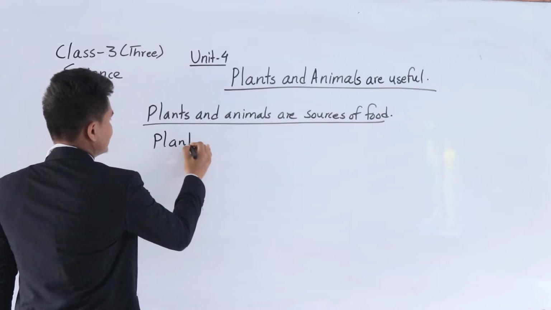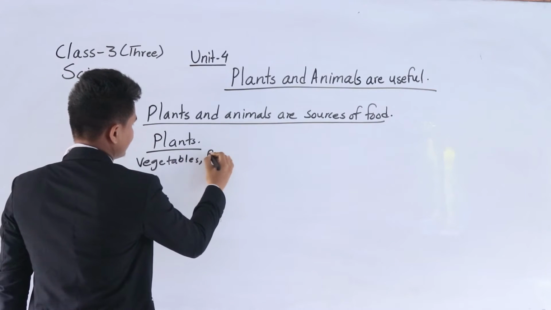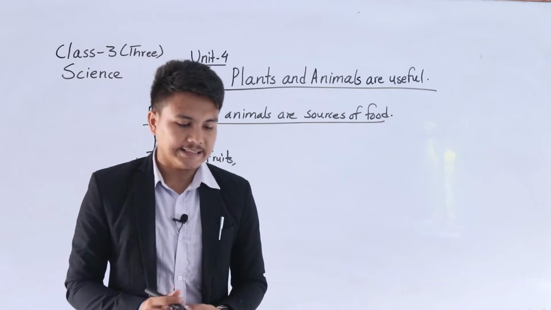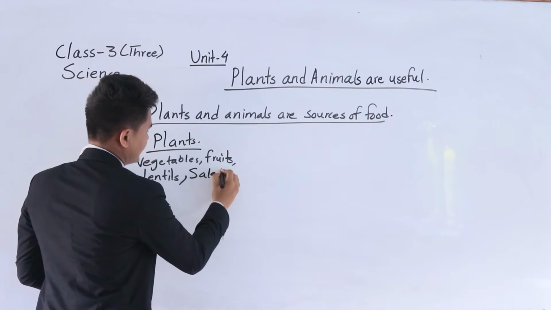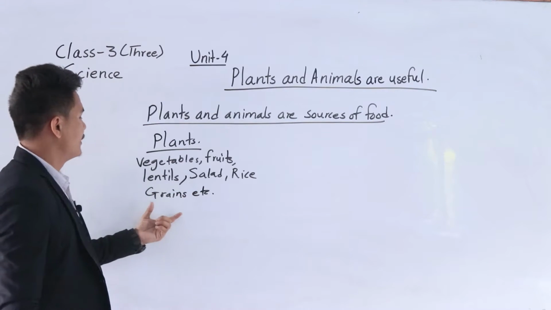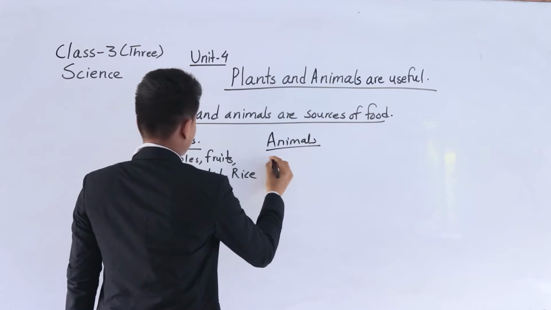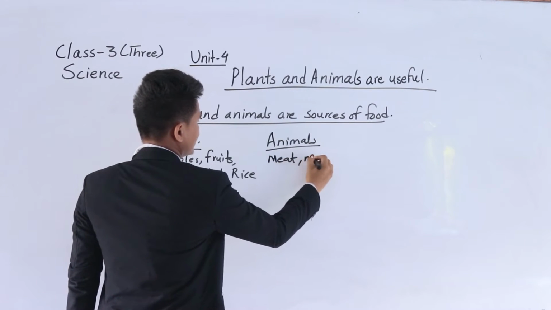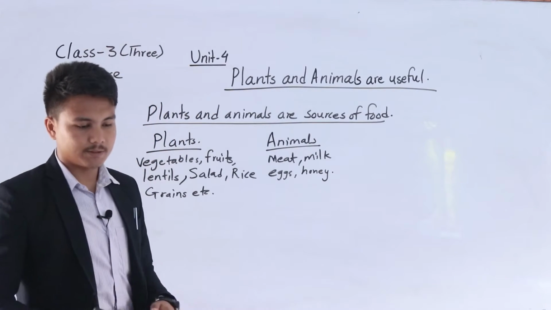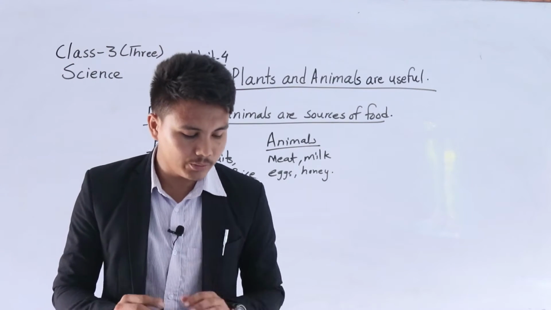From plants we get vegetables, fruits, lentils, salad, rice, grains, etc. From animals also we get lots of food, that is meat, milk, eggs, honey, etc.